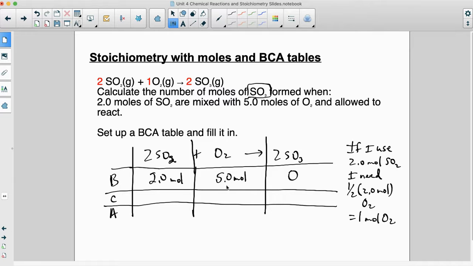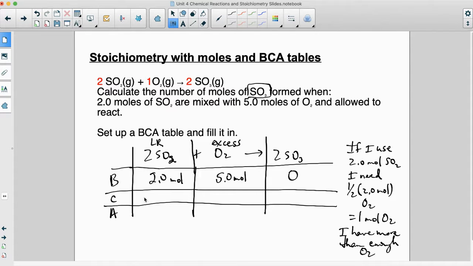Well, I've got 5 moles of O2. I have more than enough O2. So I know that this is my excess, and SO2 is my limiting reagent.